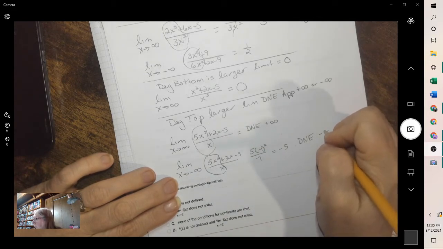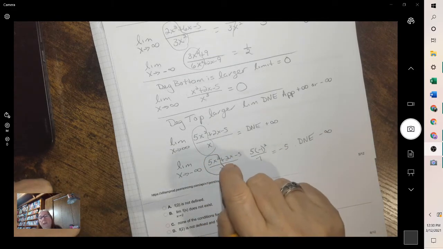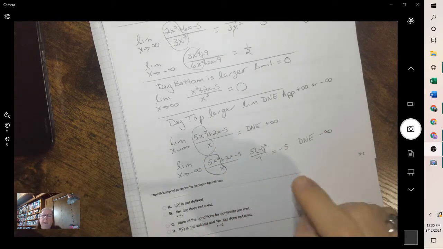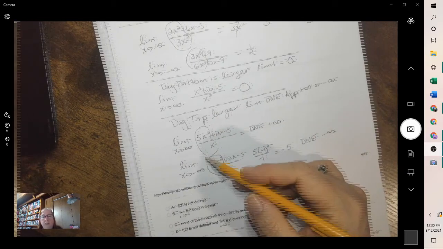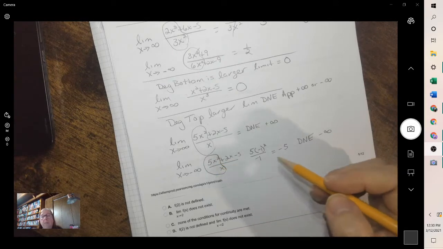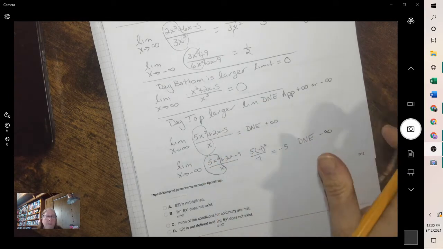It approaches negative infinity. So as this gets really large, it's going to approach a negative large number. But you can just test, as long as you use the two leading terms, you can test it with -1 for negative infinity and +1 for positive infinity.